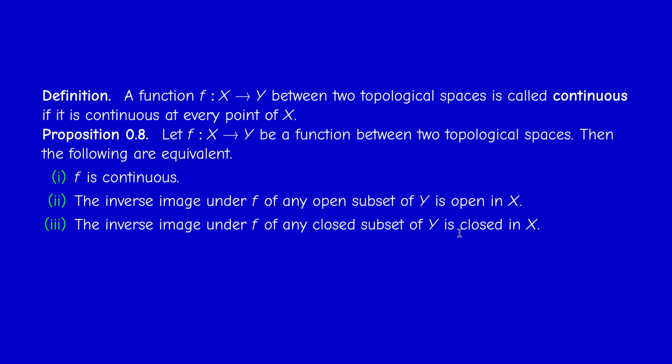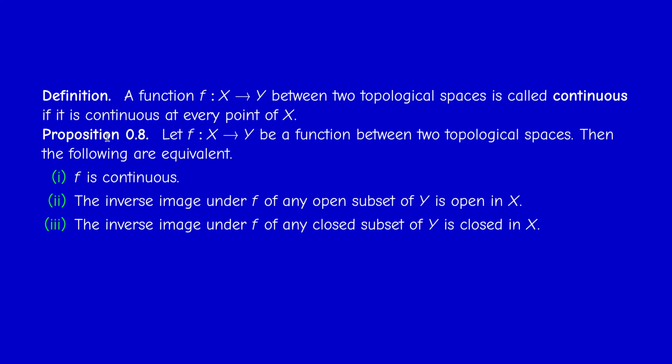It's not difficult to prove actually. I will not prove it here, but this is a very important characterization of continuity. Continuity not just at a point, continuity on the whole space, which means continuity at every point.